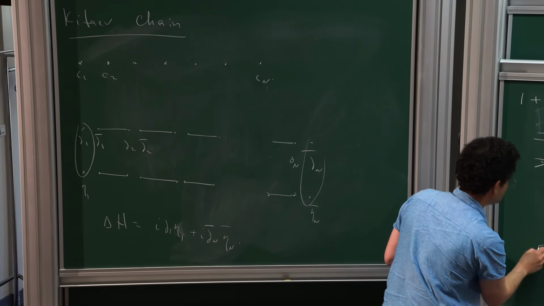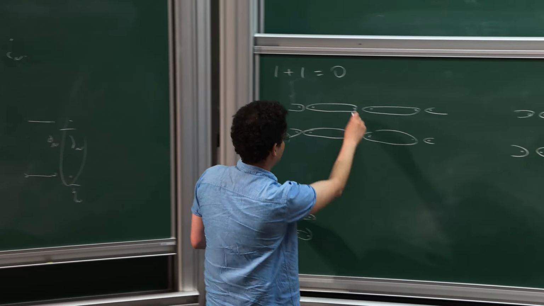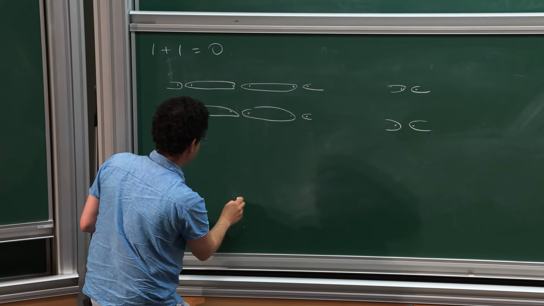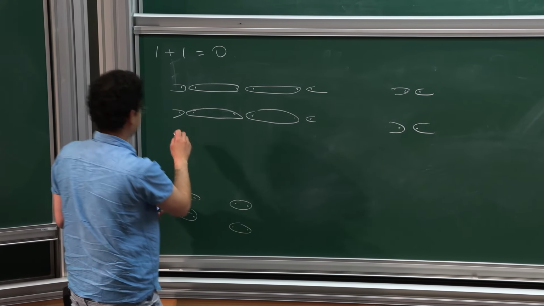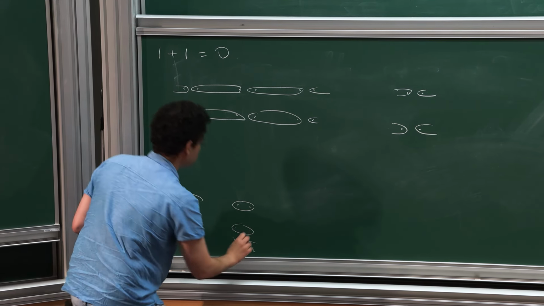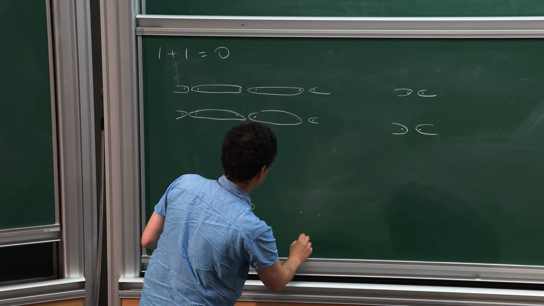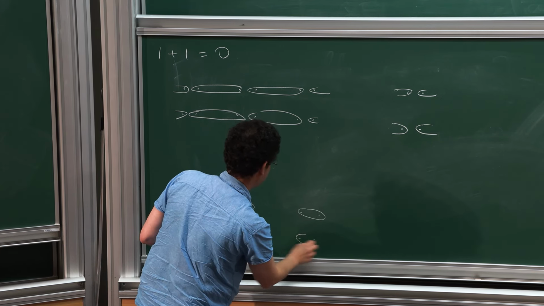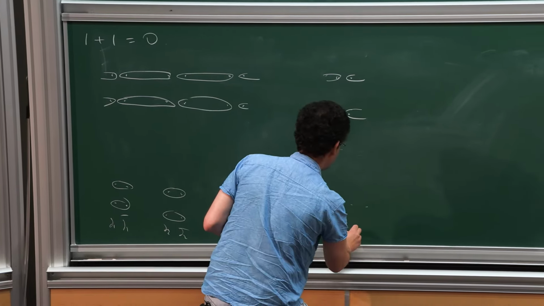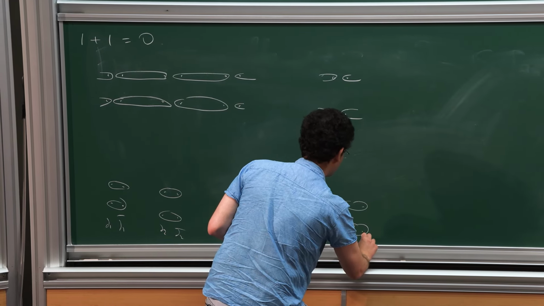So, keeping the same x coordinate, this is gamma 1 bar, gamma 2 bar, and so forth, gamma n bar.